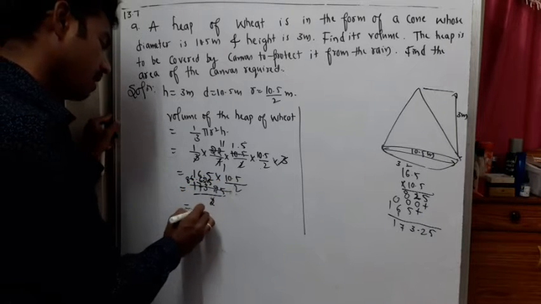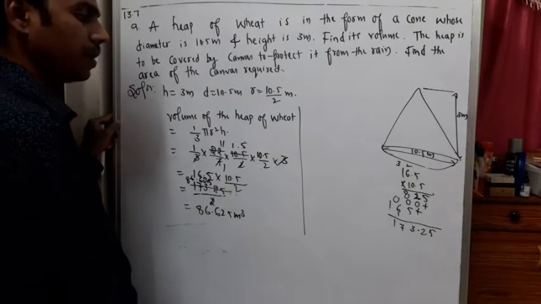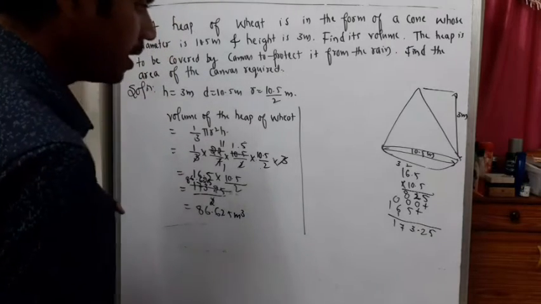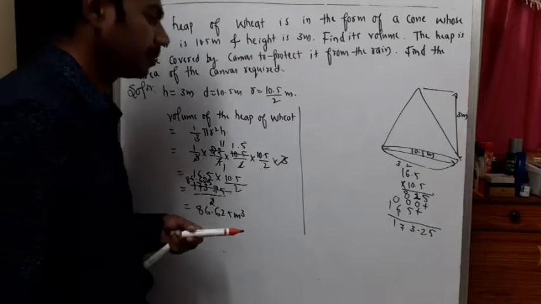That is 86.625 meter cube. Now next we need to find the surface area of the canvas required.